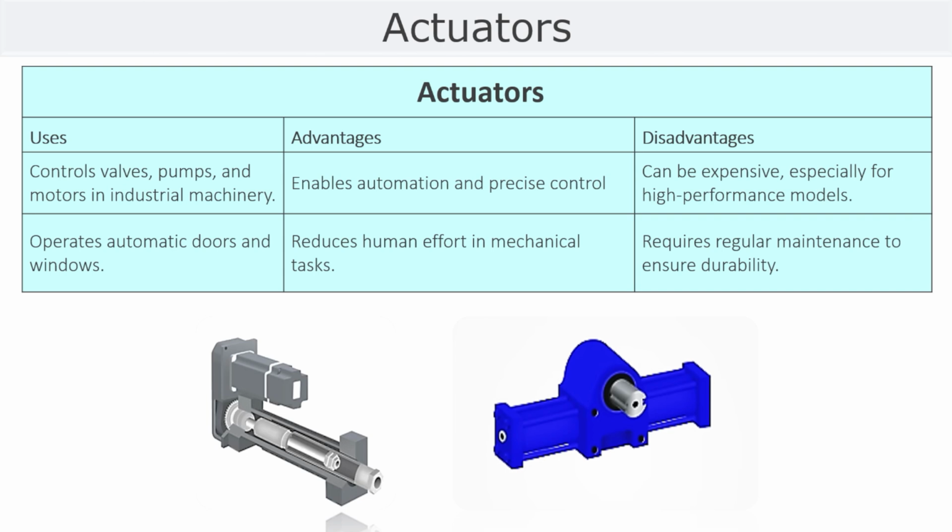If there's a need for a door to open, that will be done by the actuator once it's given the signal, and it reduces human effort in mechanical tasks. The disadvantage is that they can be very expensive, especially high performance models, and they require regular maintenance to ensure that they work very well and last longer.